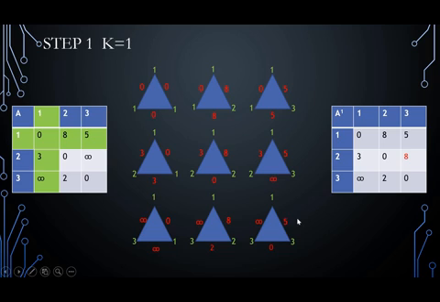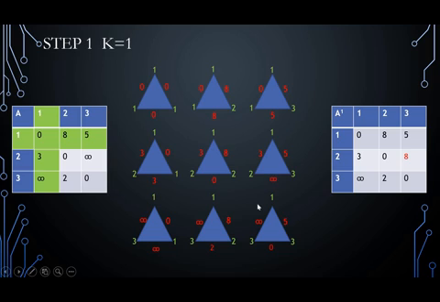So left hand side, right hand side both done. What about the base? Copy the entire matrix as it is. For the first triangle 0, second triangle 8, third triangle 5, fourth triangle 3, fifth triangle 0, sixth triangle infinity, seventh triangle infinity, eighth triangle 2, ninth triangle 0. So whatever matrix that I have, I just copy it as the base values.